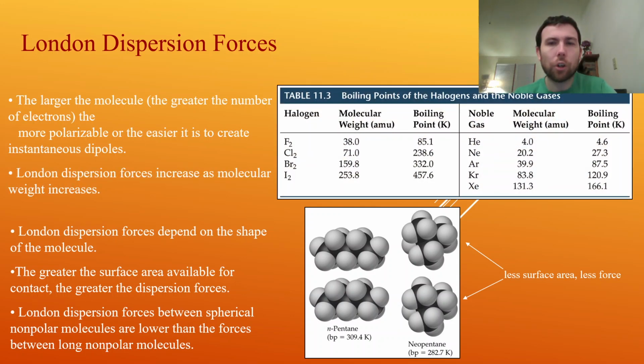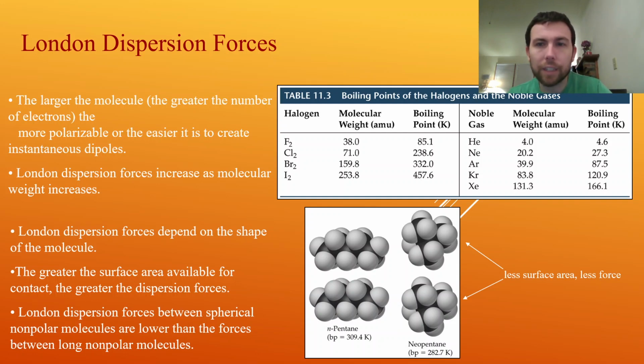When you start to look at this table, we can see that play itself out. Another thing to consider is that London dispersion forces increase as molecular weight increases. That's getting at that polarizability. So you've got F2, Cl2, Br2, and I2. You see their weights are going up, but you also see that their boiling points are going up. Now, again, don't just simply use the weight component. Make sure you're taking a look at the number of electrons.